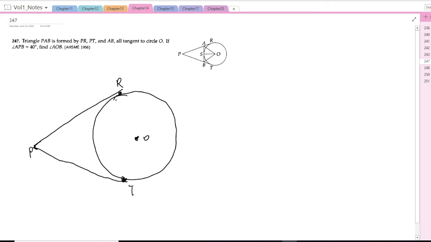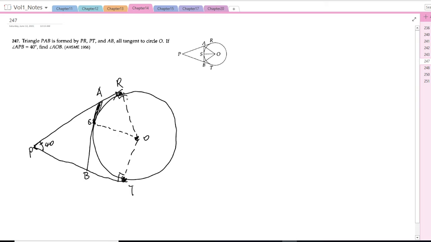So if APB is 40 degrees, here is S and AB, right? So it's 90 degrees and 90 degrees, right?